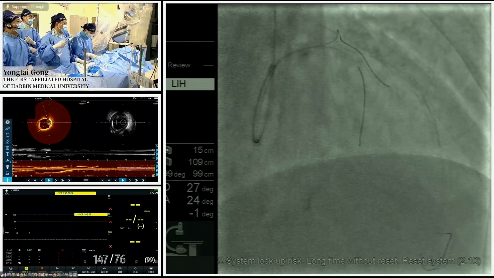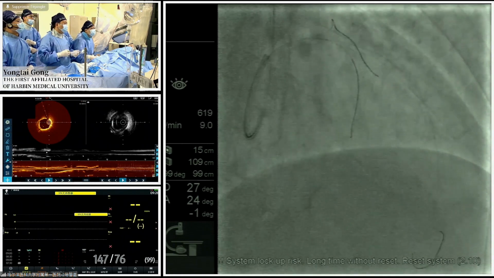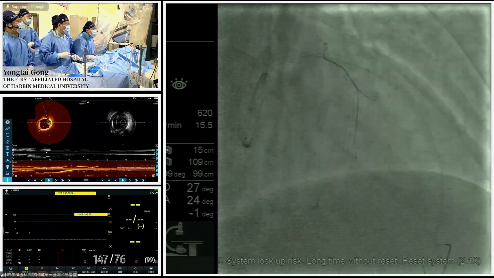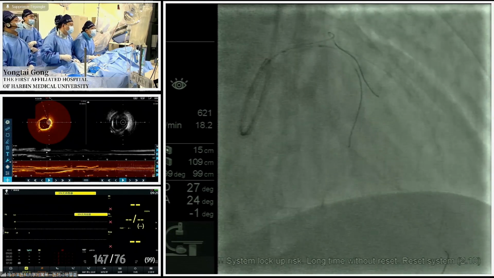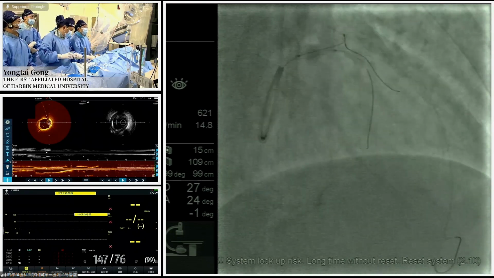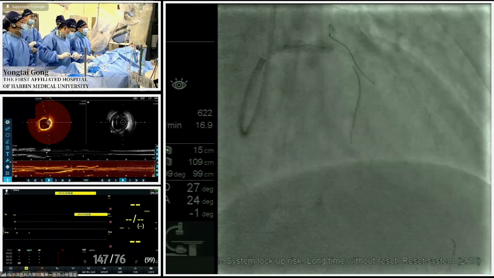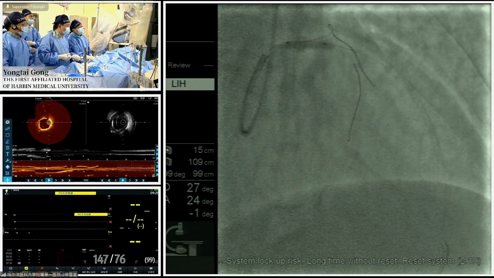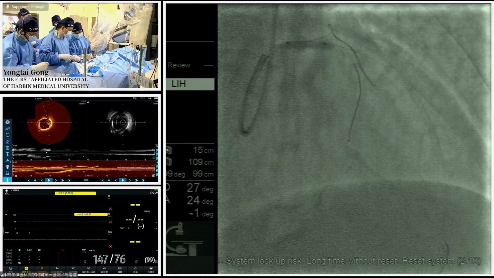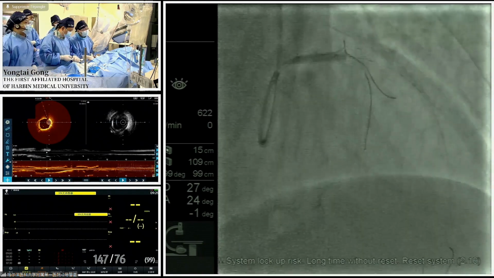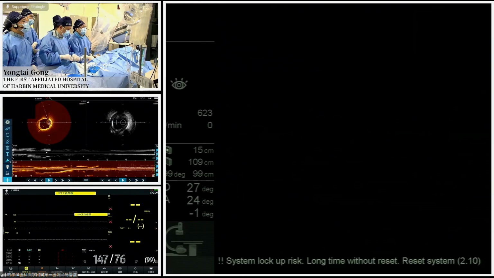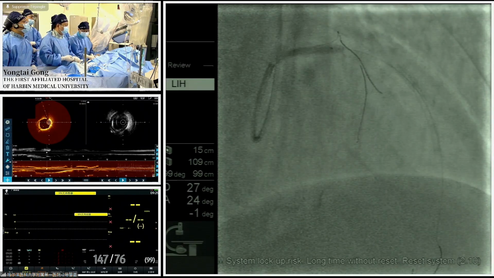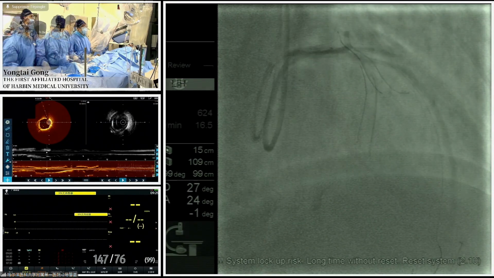With our experience, Professor Gong prefers to consider the inherent features of the different stent platforms, such as the number of crowns and cell area, and choose a stent which has the best expansibility for deployment from the proximal LAD to the left main.